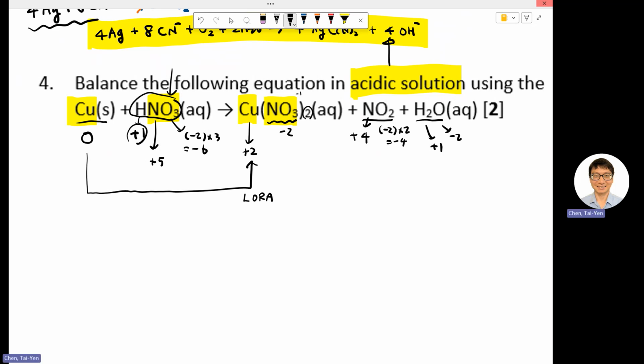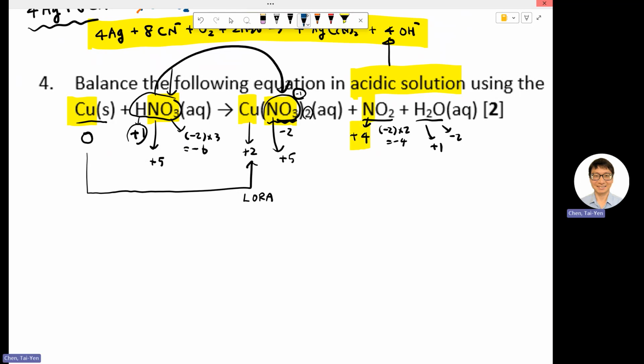For your NO3, it carries a -1 charge, so the N here will still carry +5. From here to here, it doesn't really do anything related to the oxidation states of your N. But if you look at this, there's another N where its oxidation number goes to +4.